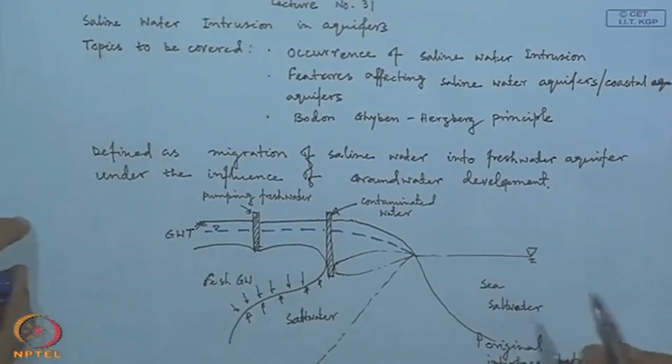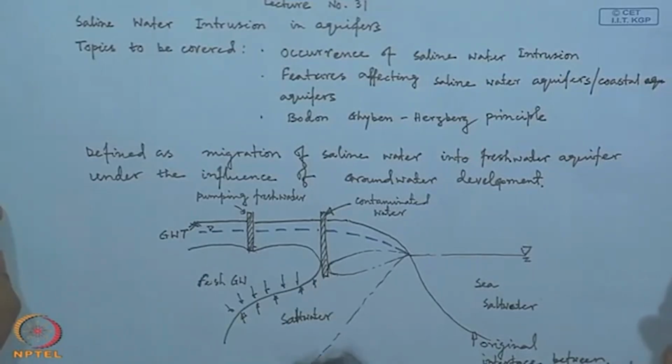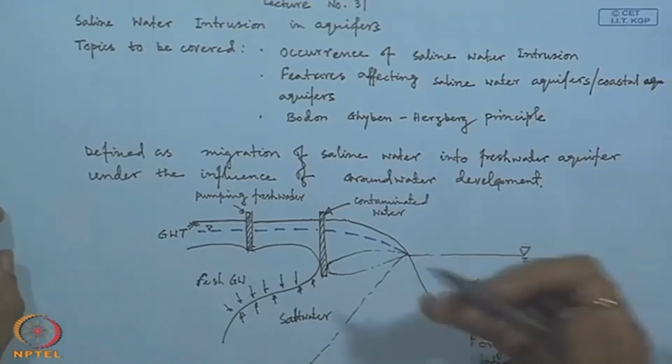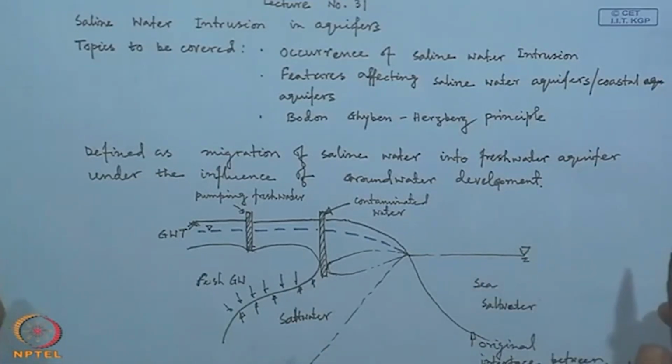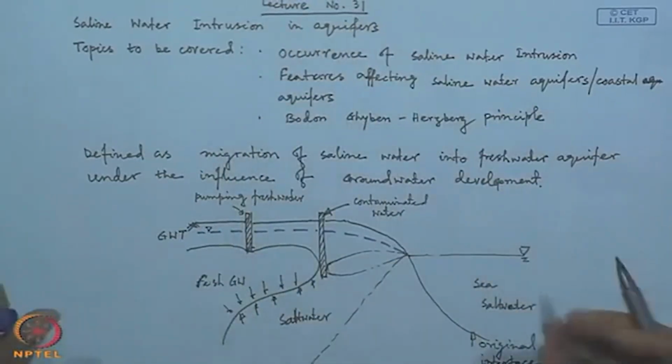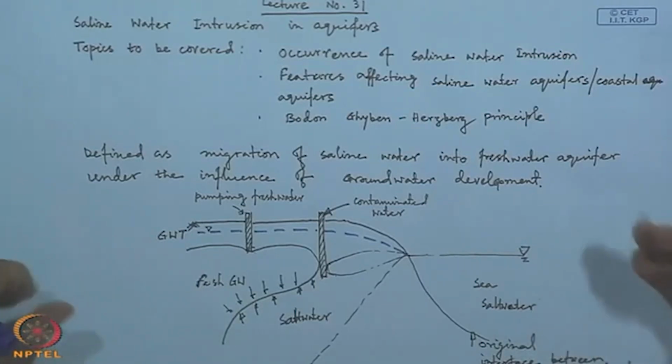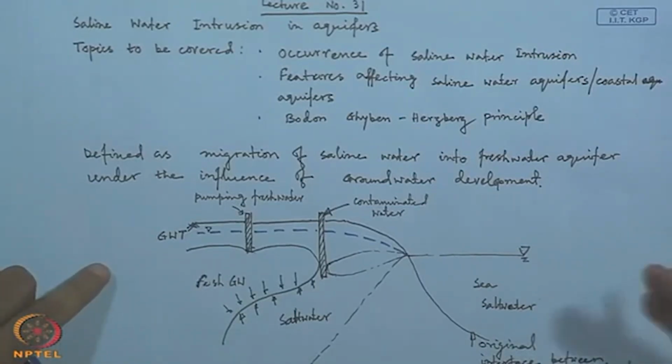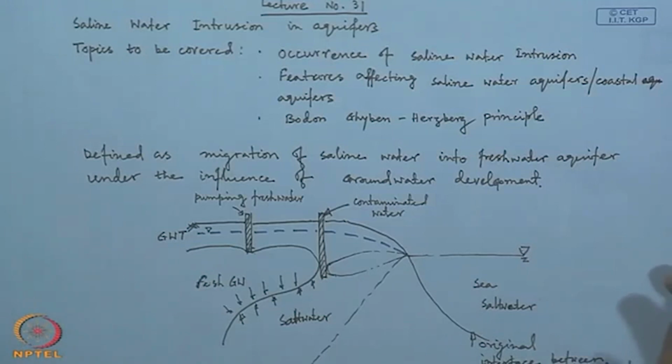So, this is basically a typical coastal aquifer, and in which due to pumping effect there will be contamination due to salt water. And now, we will try to discuss what are the possible reasons for occurrence of saline water intrusion.